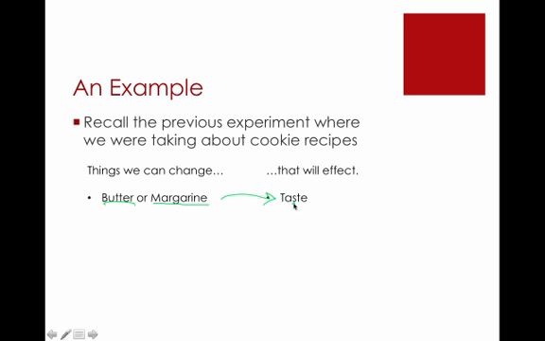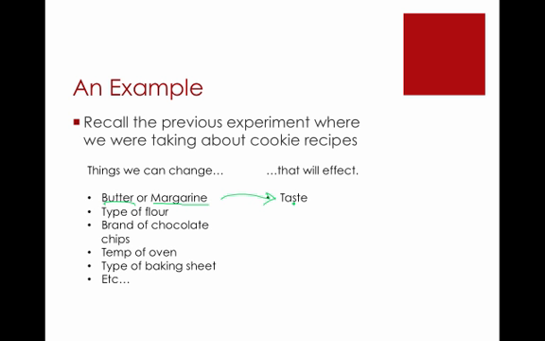Before we dive into that, I think it's important to also note the fact that butter and margarine aren't the only ingredients involved in baking cookies. We can think of lots of other ingredients involved in this: the type of flour that was used, the brand of chocolate chips that were involved in the process, the temperature of the oven, and each one of these ultimately is going to have an effect on the taste of the cookies themselves.